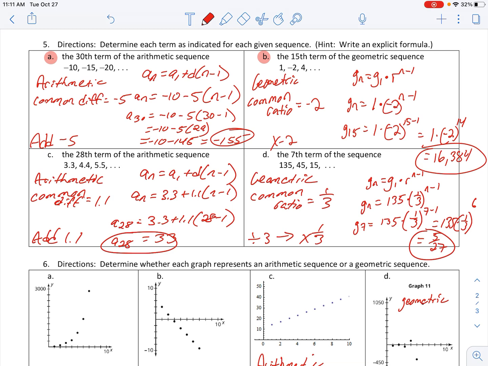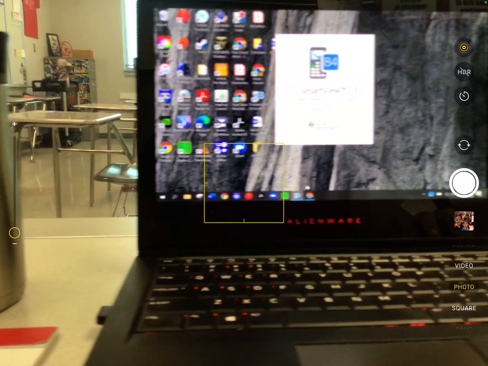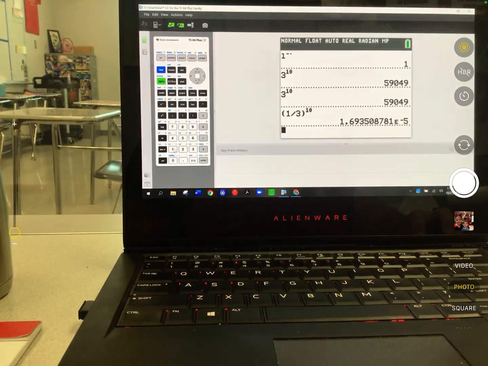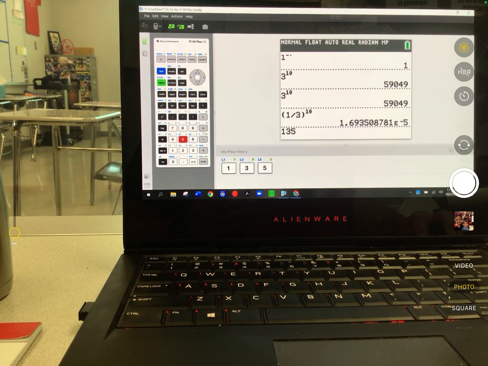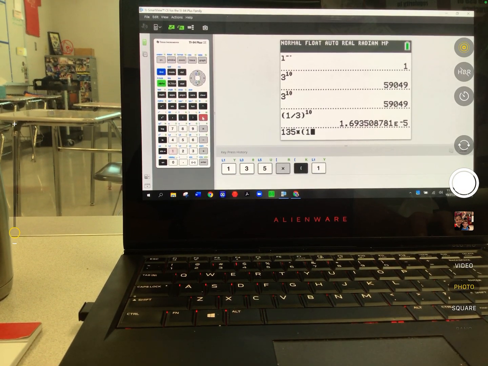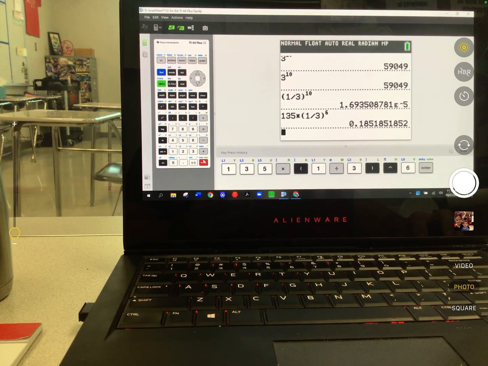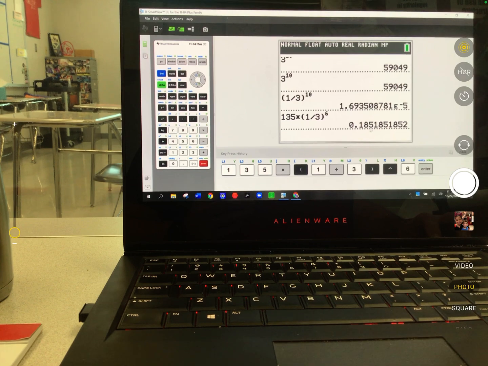Now how I'm getting that, I'm going to show you on the graphing calculator that you guys have access to. Let it come up on my screen here. I typed in 135 times 1/3, this is all old stuff, nothing new, to the 6th power. And as I said, I got this decimal.